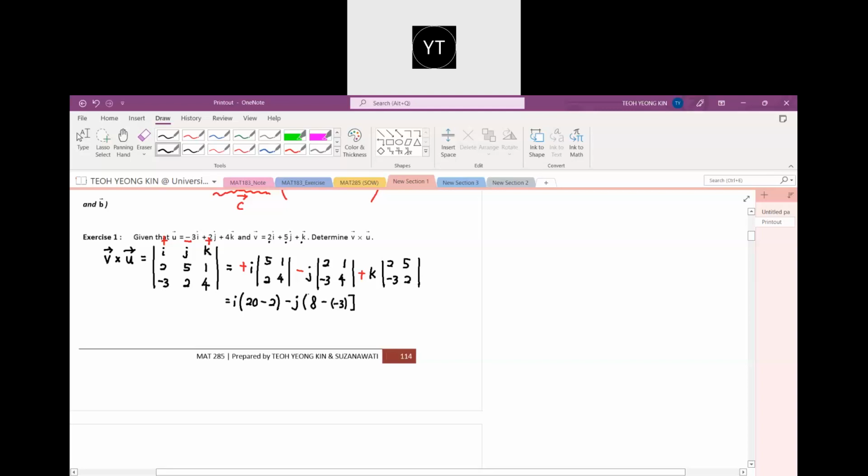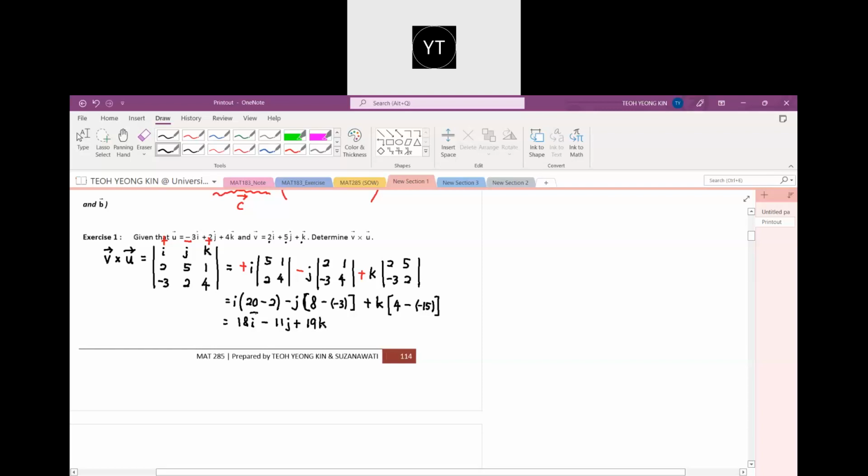Plus k, 2 times 2 is 4, minus 5 times negative 3 is negative 15. So here we have 18i minus 11j and positive 19k.